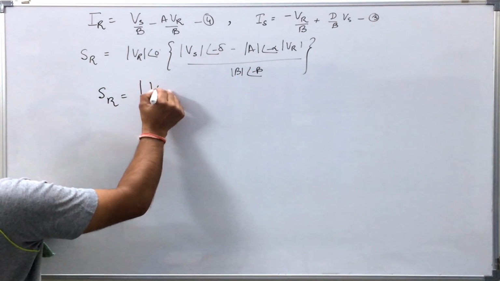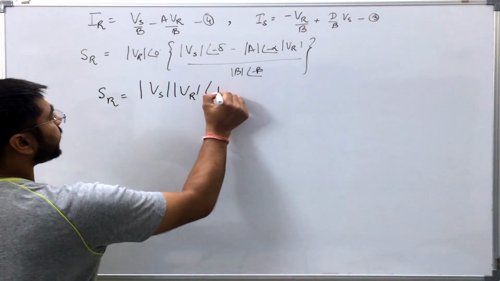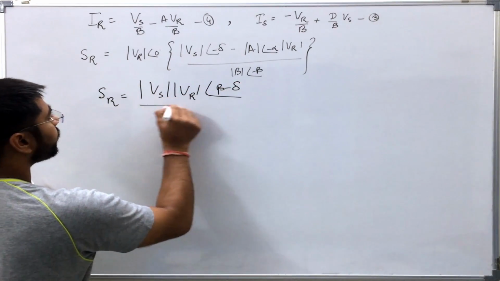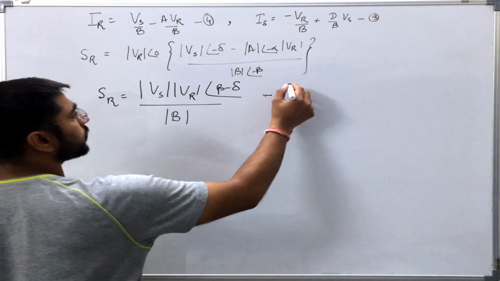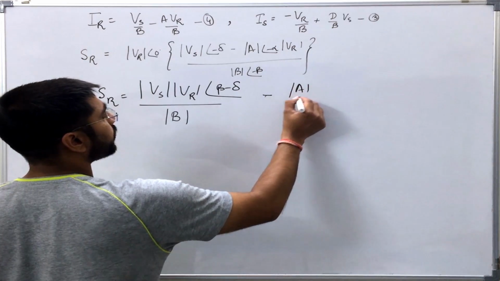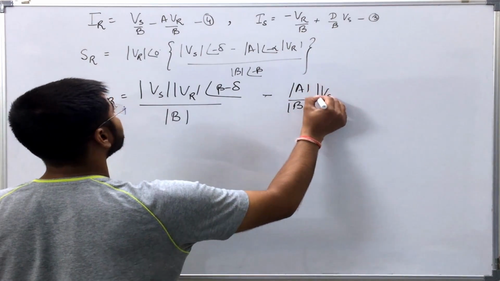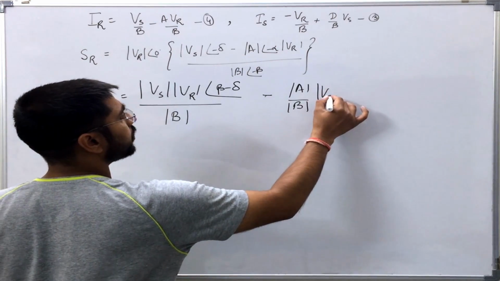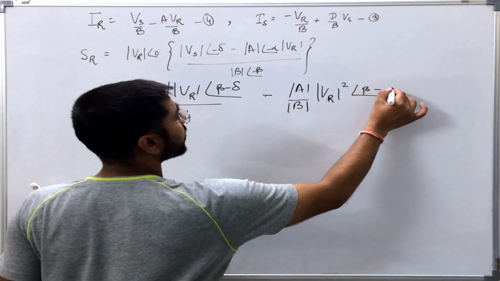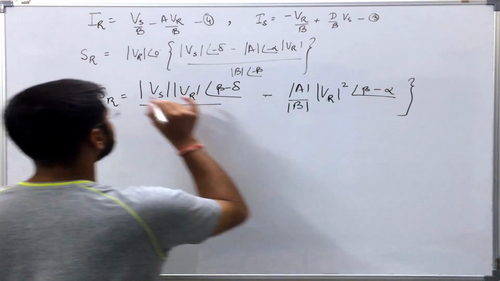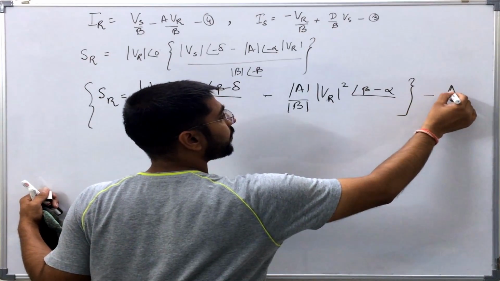So I get SR equals Vs VR over B angle beta minus delta, minus A over B VR square angle beta minus alpha. Let us call this full equation A.